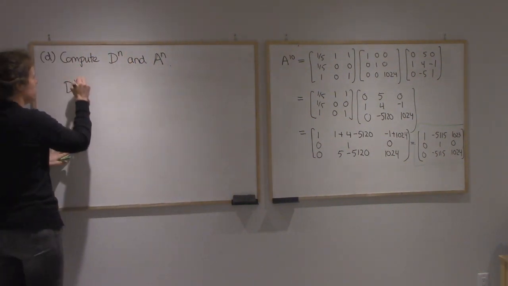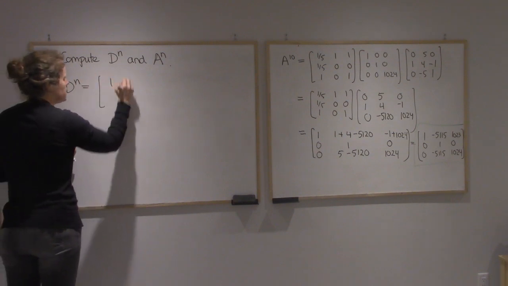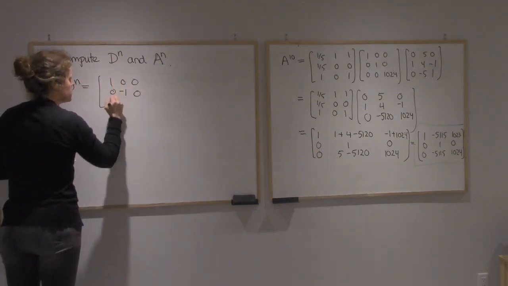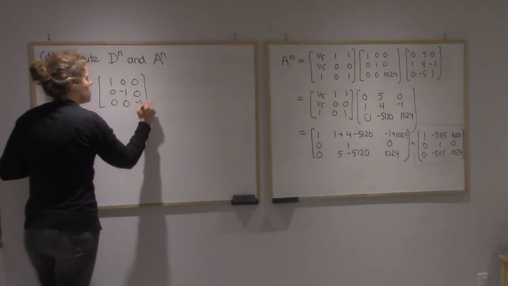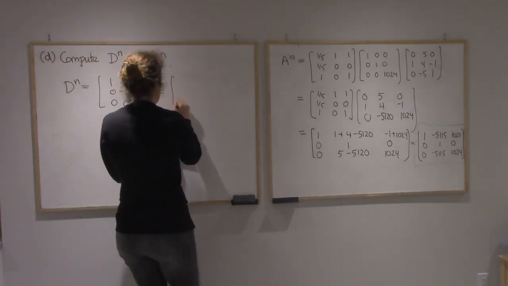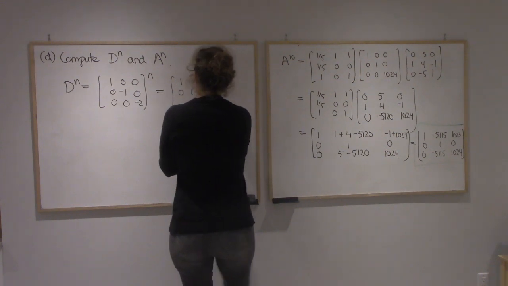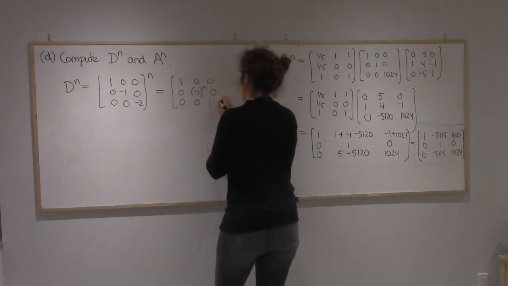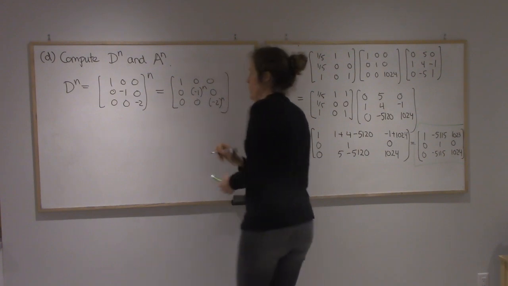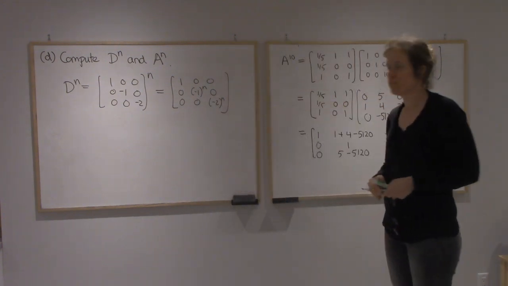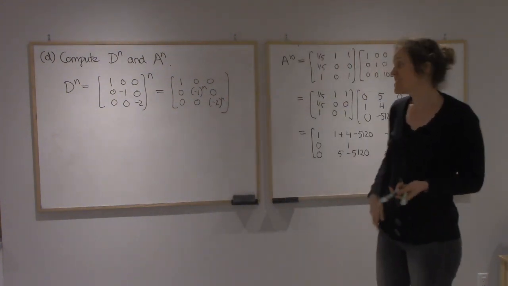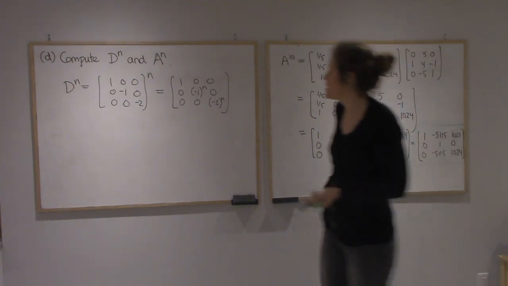So D to the n, D for me was this matrix. So this to the n, and we know that we just take the nth power of all the diagonal entries. So that's D to the n. It doesn't simplify much nicer than this.